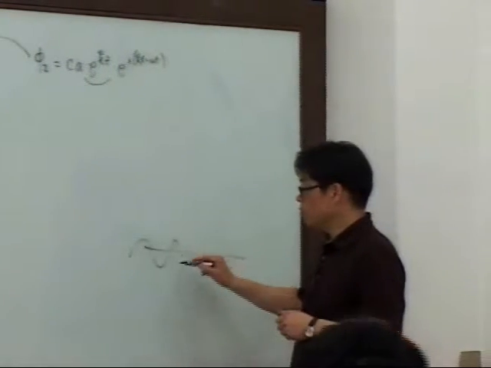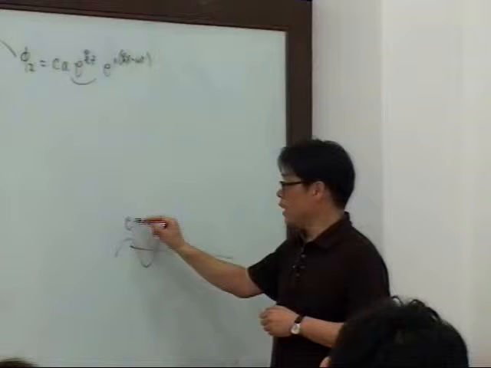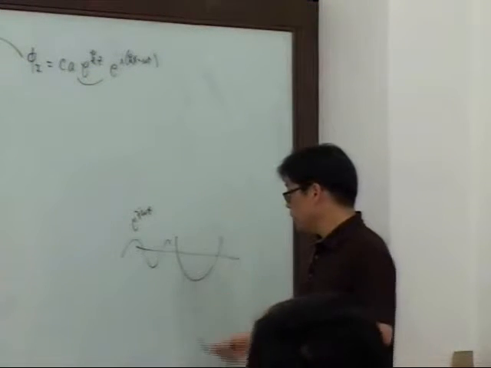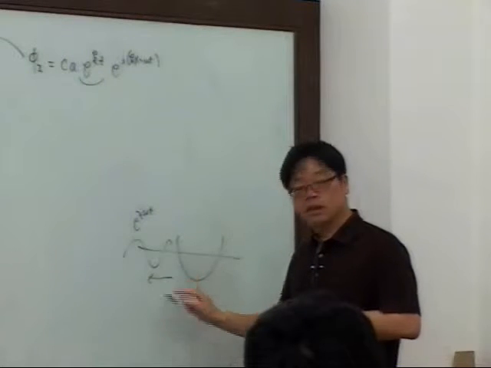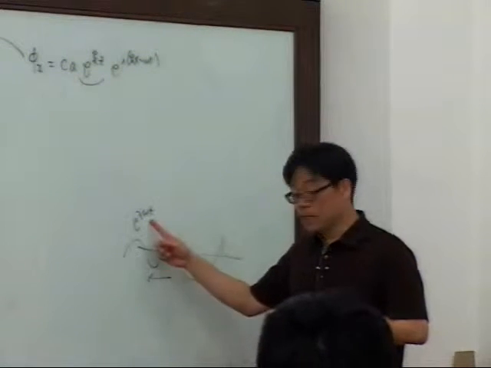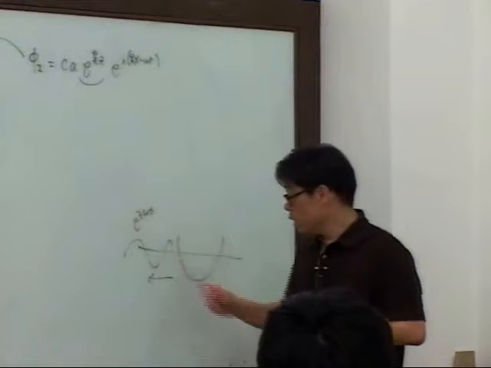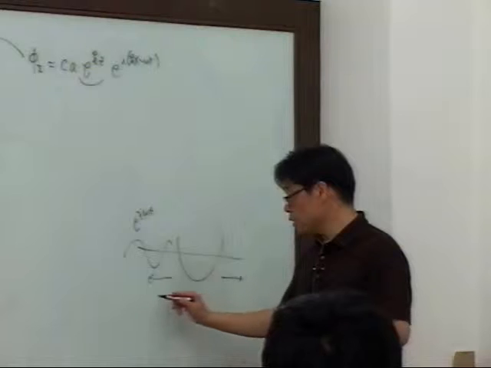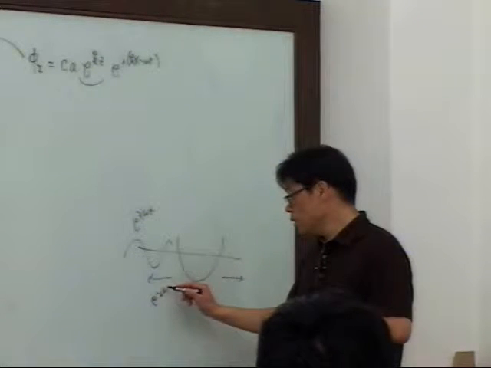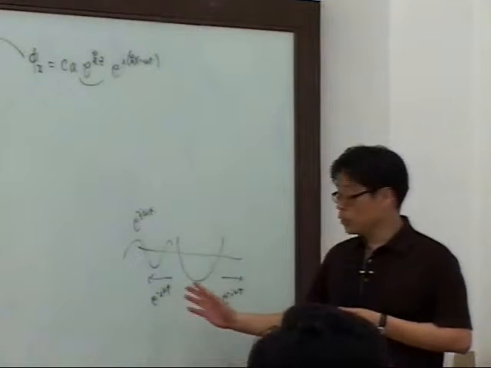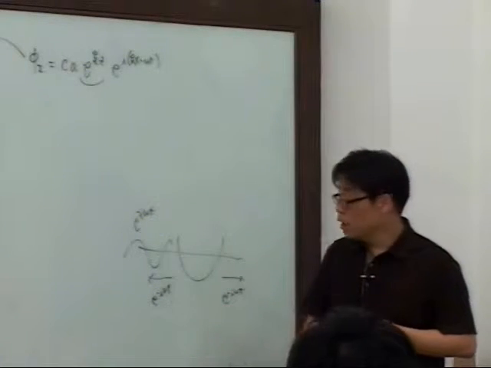Incident waves are coming with this frequency, e to the minus i omega t. And then reflected waves will have exactly the same frequency, and the transmitted wave also will have that frequency. So this will generate waves with this time dependence.